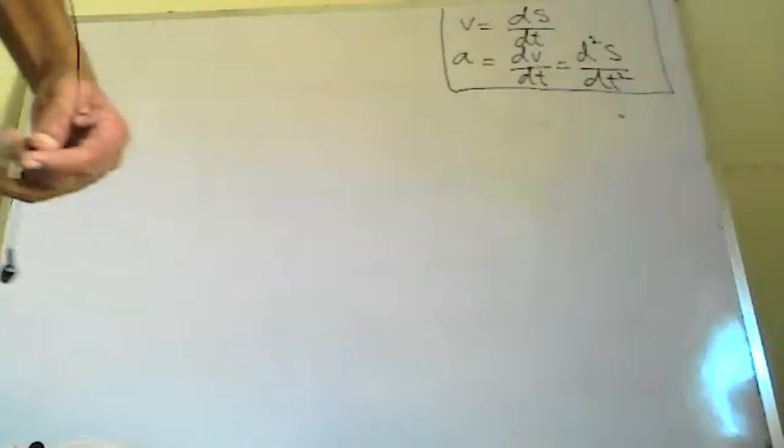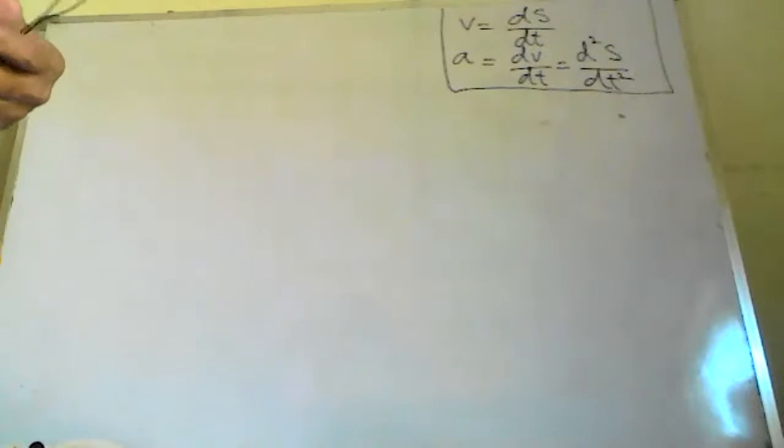So these are the two formulae which will be used to find the derivative of displacement and the derivative of the velocity. So velocity is equal to ds upon dt, and acceleration a is equal to dv upon dt. These are called the instantaneous velocity and the instantaneous acceleration. Now we will find another thing, the average velocity. Average velocity is the total displacement covered by the particle divided by the total time.